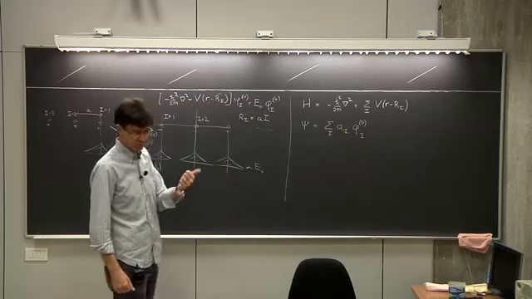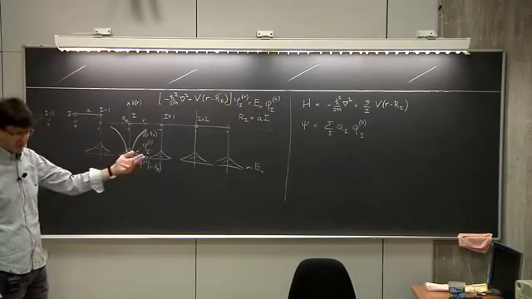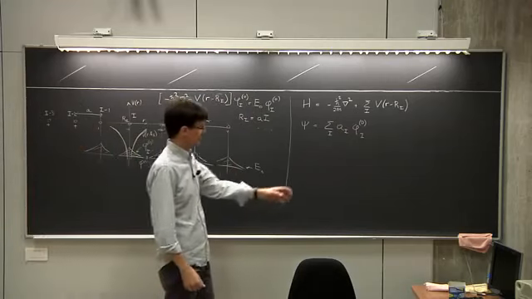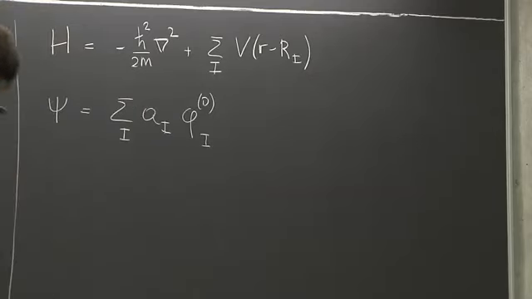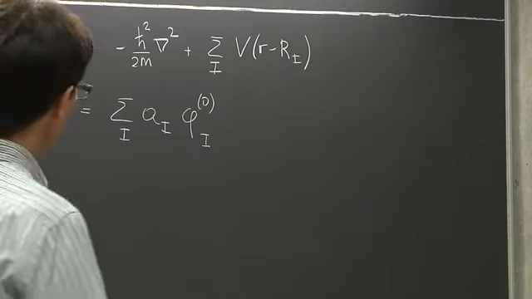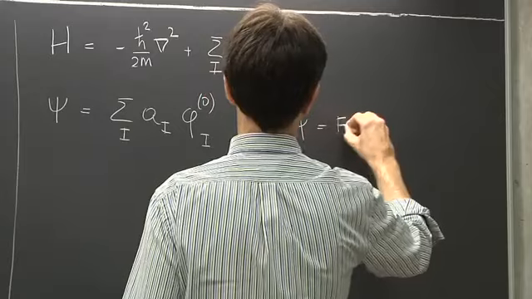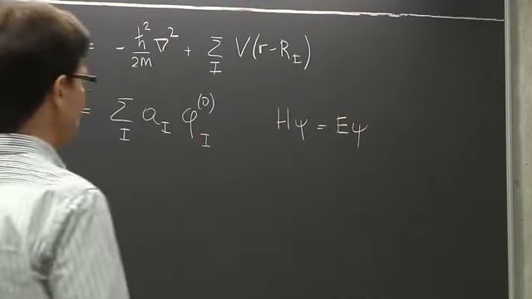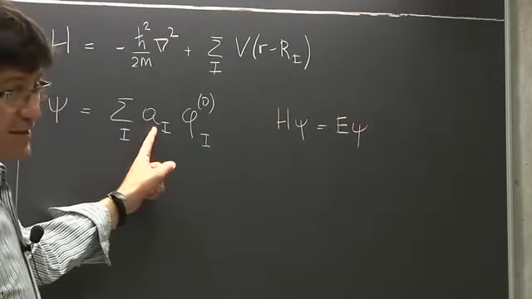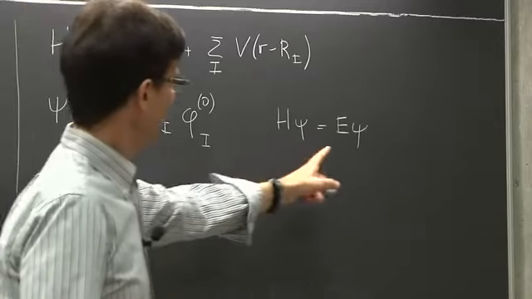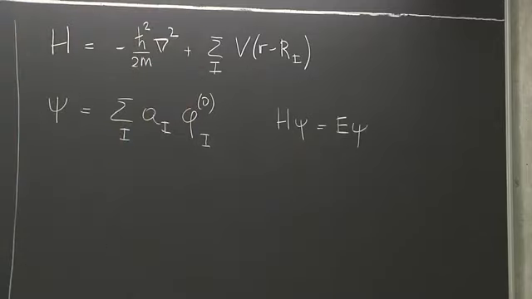Last time we had only 2, A1 and A2. Now we have an infinite number of coefficients to determine, AI. So the unknowns are the infinite set of AIs and the corresponding energy.